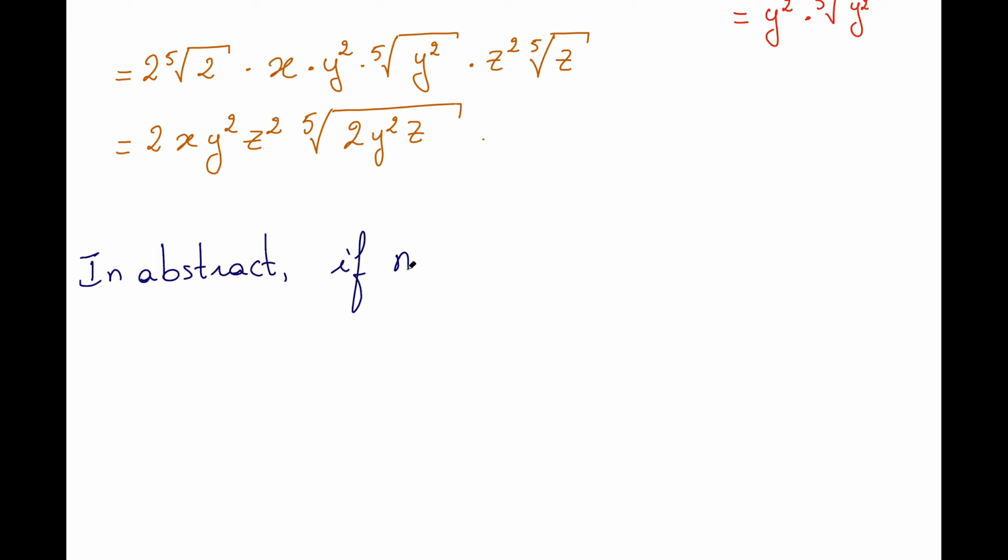So in abstract, if we take n and m, two natural numbers, so they are positive integers, right?